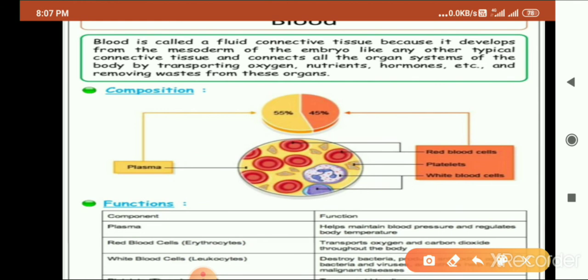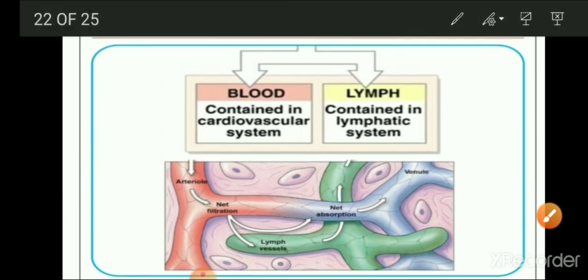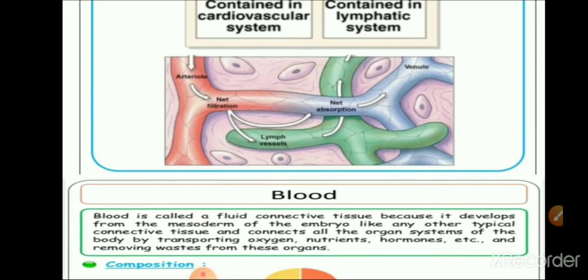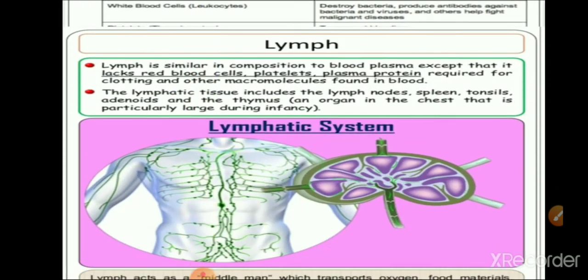The plasma helps in maintaining the blood pressure and regulates body temperature. RBCs transport oxygen and carbon dioxide, and the WBCs destroy the bacteria. And then we have the platelets. The platelets play a very important role in blood clotting at the time of any injury.